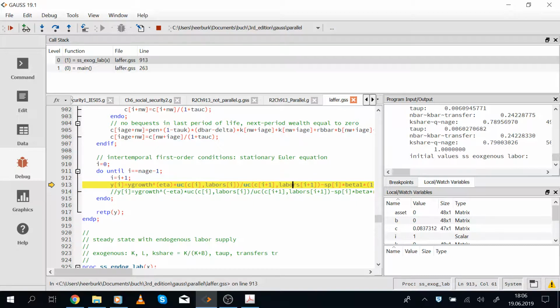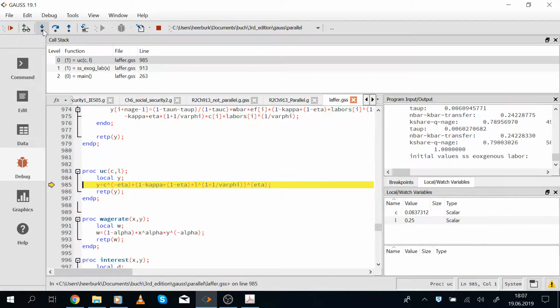Here, notice that we use labor as well because we also specify marginal consumption. Let's step into marginal consumption here as a function of consumption and labor, and labor is 0 for the retirees.